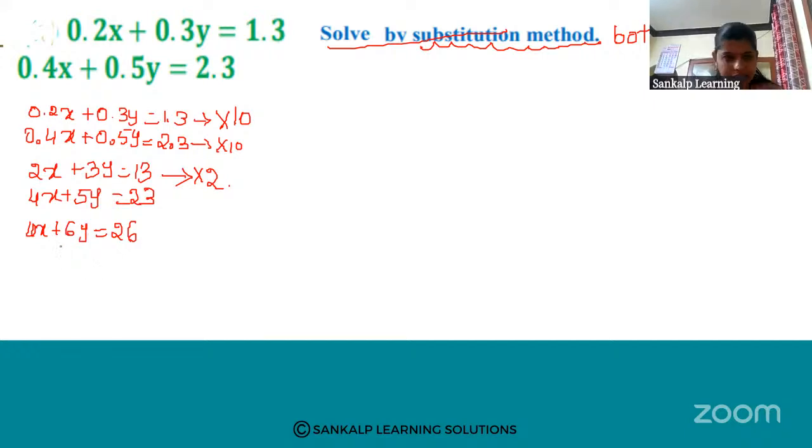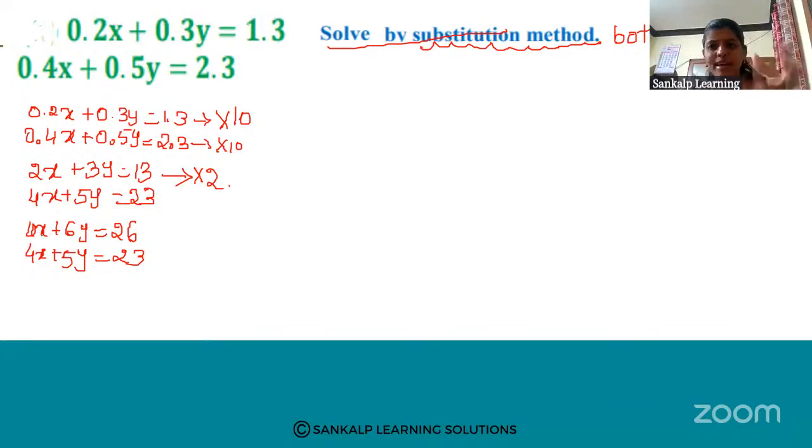Right? Next, 4x plus 5y is equal to 23. Now, here plus 4x is there, plus 4x is there. So, plus 4x plus 4x is 8x. But I want to eliminate x.